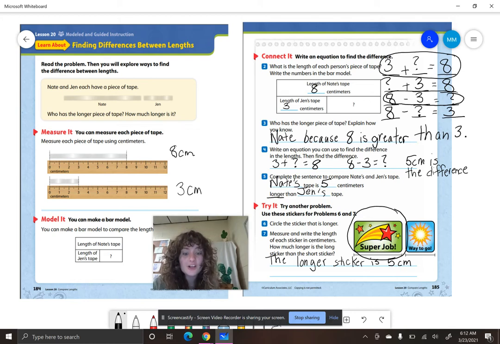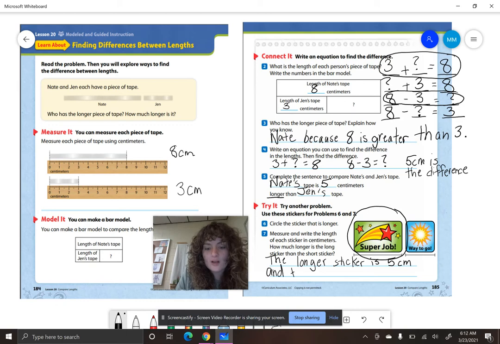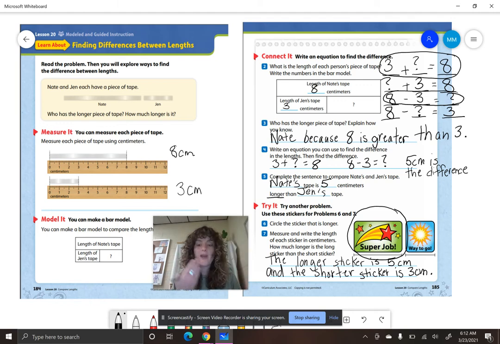So the longer sticker is 5 centimeters and the shorter, ooh, we have some R-controlled vowels in that word. Shorter sticker is 3 centimeters.